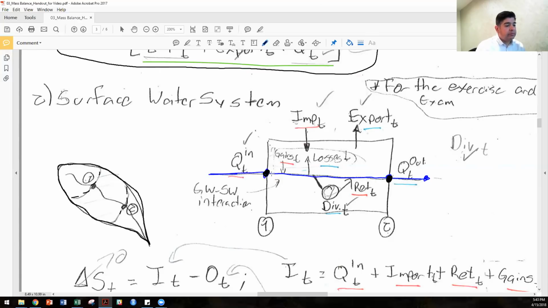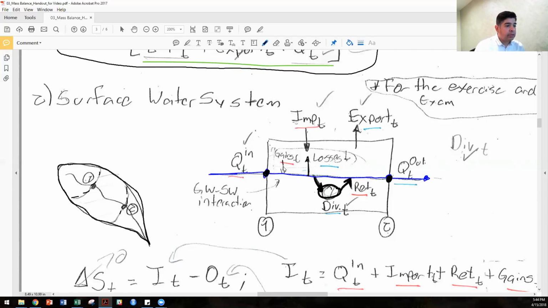Out of this river, we may have some water diversions to certain water users, okay? And we will also have certain return flows. The river may also have, as I was explaining, this was a leaky pipe or a leaky channel, it might be losing some water to the aquifers, as we know.